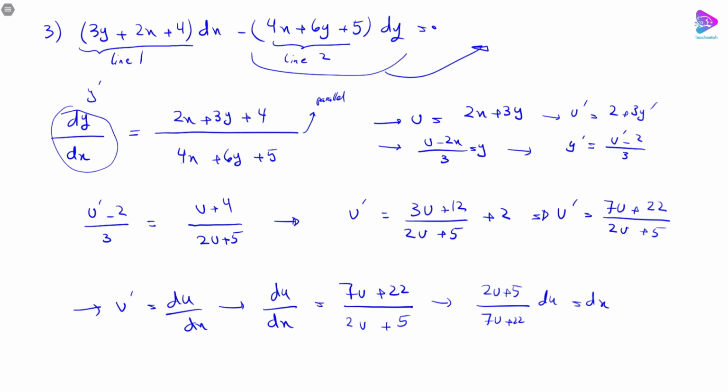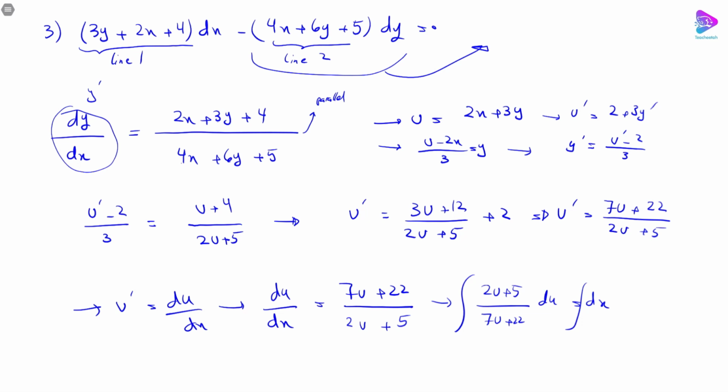And again, this is simply solvable. You can just integrate, and similar to the previous question, you can find the answer. This is how we're going to solve the case where the lines are parallel.